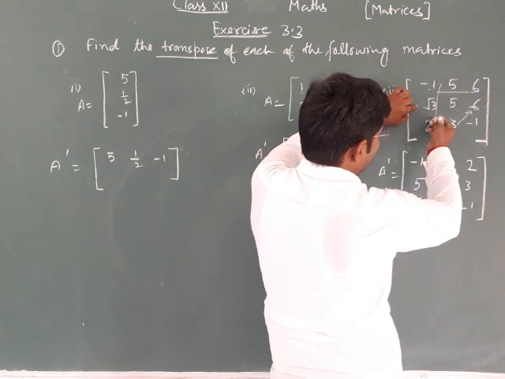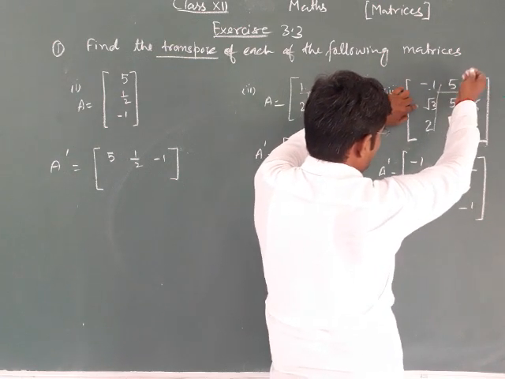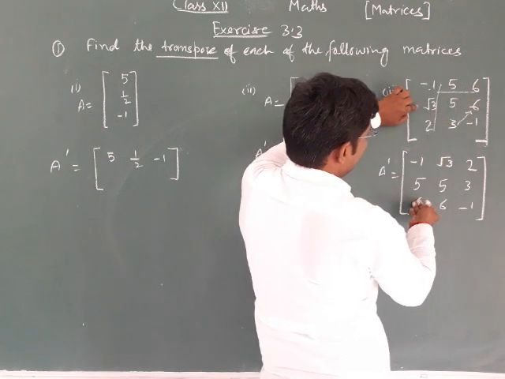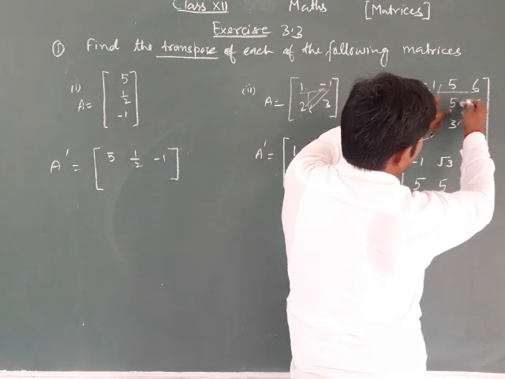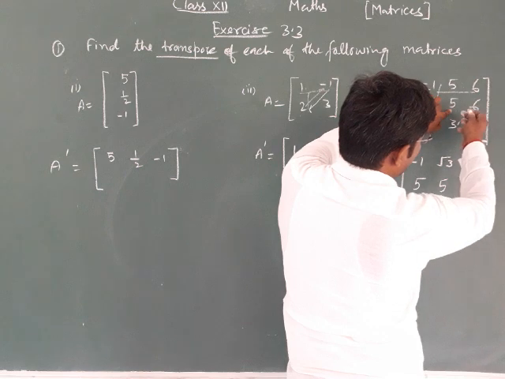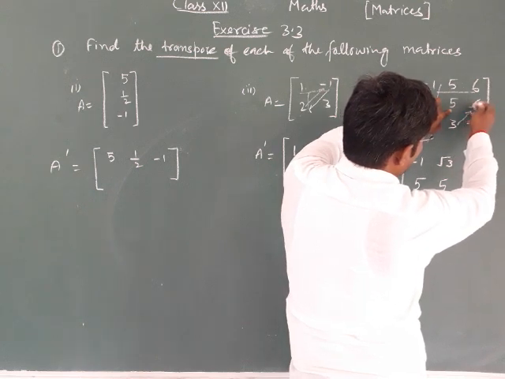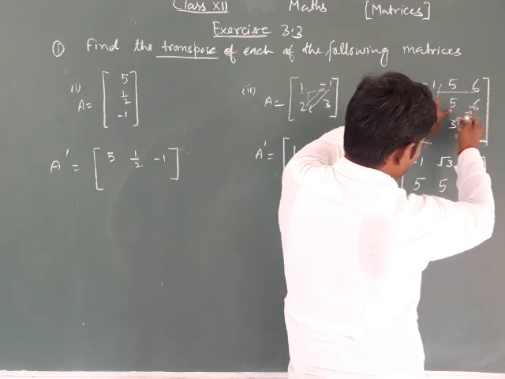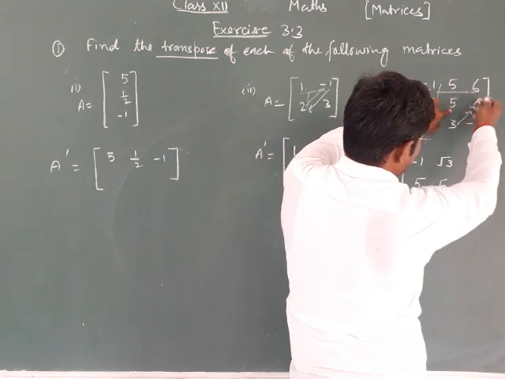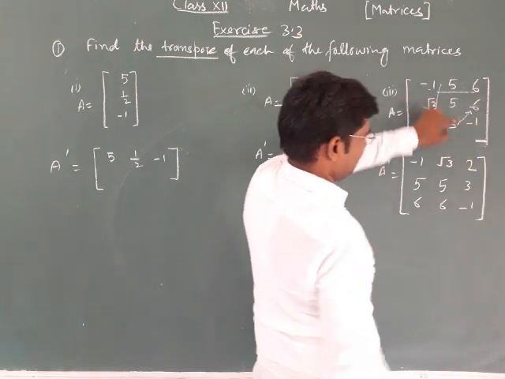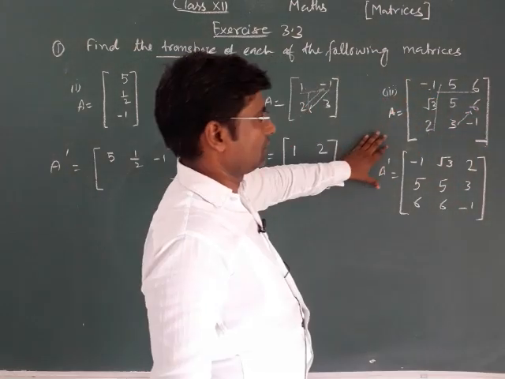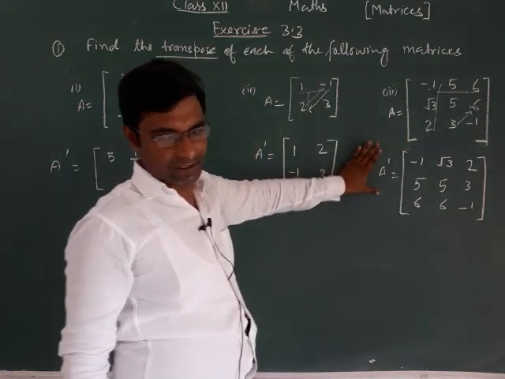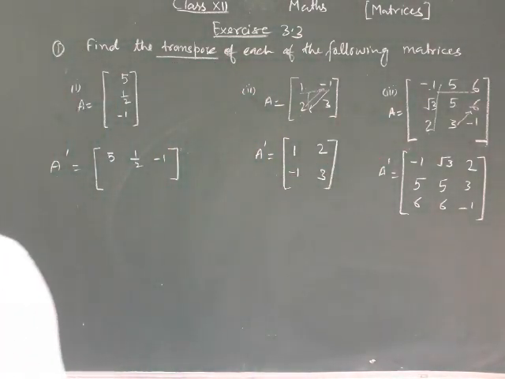So column changes to row, row changes to column. This here, and also this is a row and this is a column. So now this row changes to column and this column changes to row. So this is the transpose matrix of the given matrix.